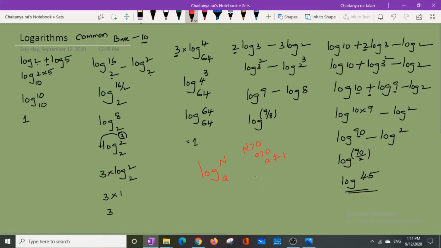We call this n the argument and this a the base.